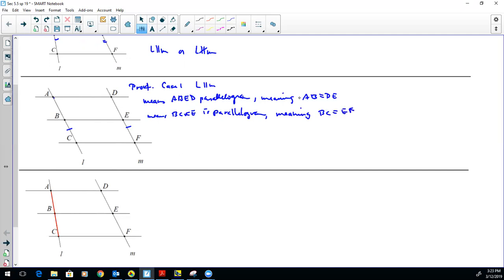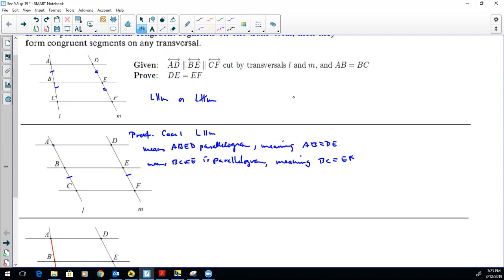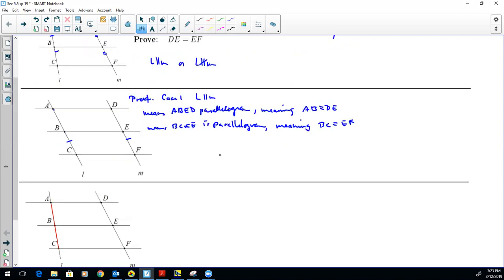Now, going back up to the top thing, we were given that AB equals BC. So since AB equals BC, we can string a lot of these together. DE is equal to AB, which is equal to BC, which is equal to EF.